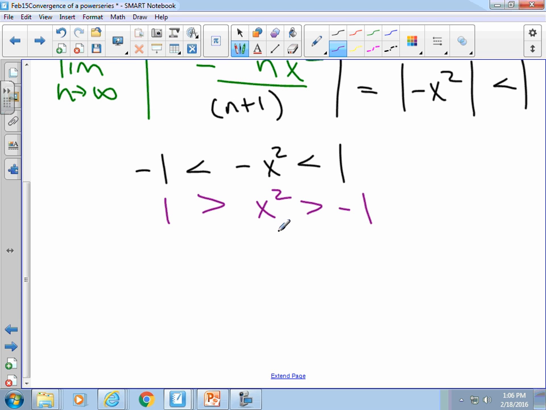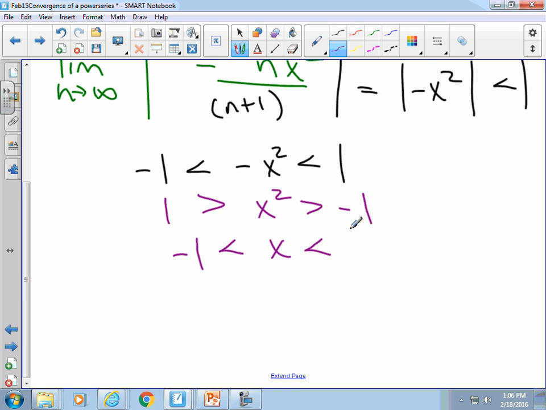As long as x is between negative 1 and 1, its square stays between negative 1 and 1. So logically, we could think it through. Technically, what you'd have to do is kind of double the thought on that. x squared is never going to be negative, but it's okay that x is, because when you square it, you have a couple of ways to get there.